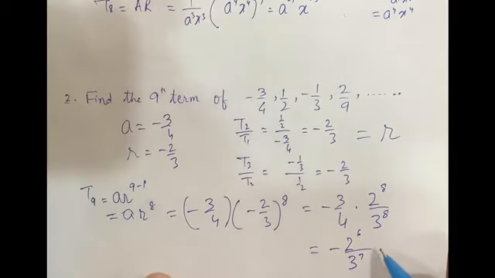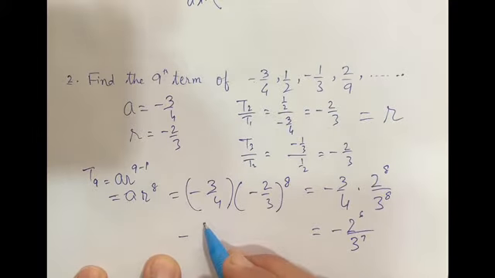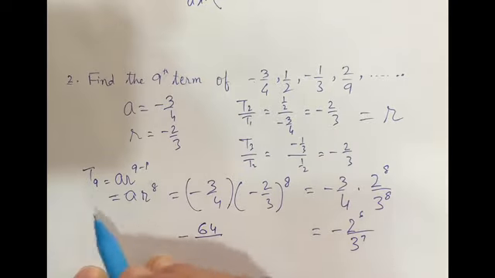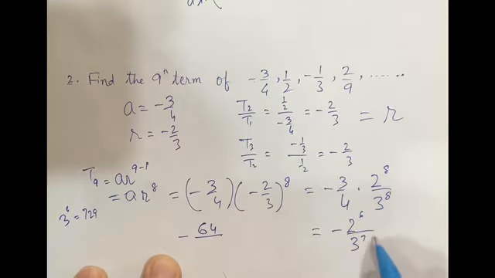So this can be written, this is minus 64 upon 3 raised to 7. 3 raised to 6 is 729, so into 3, that will be 2187. So this is the answer.